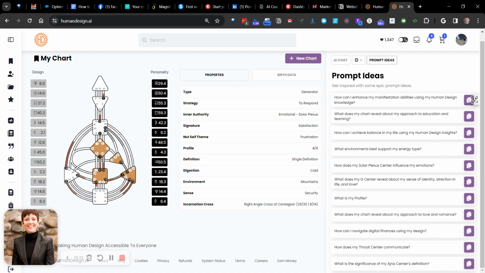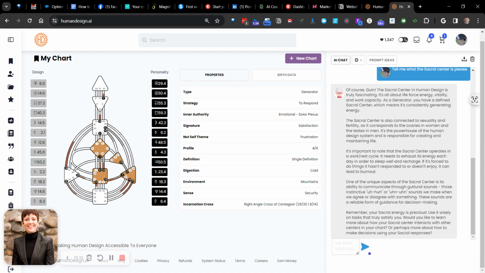Now, they keep talking about centers. Just so you are aware, all of the little shapes in the body graph are what are known as centers. One thing that might be helpful is to know what these centers are. From the top, the first center is known as the head or crown center.